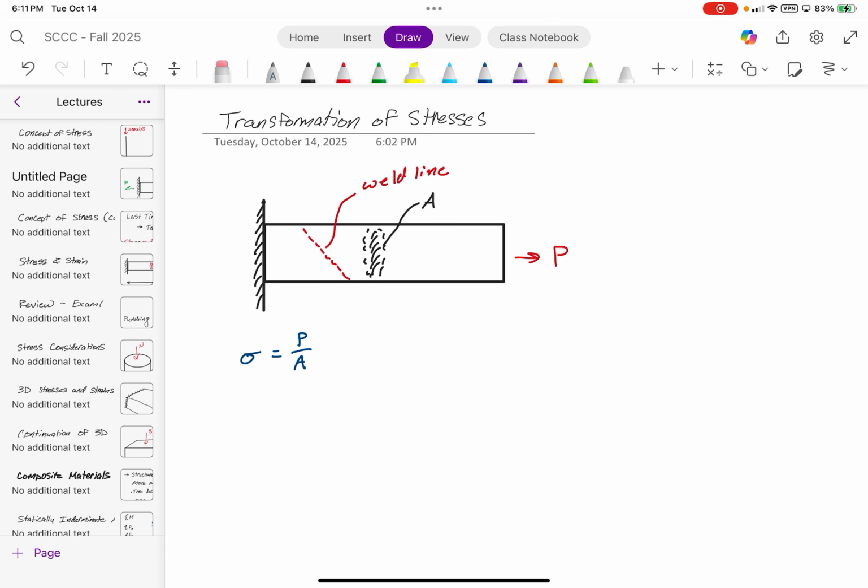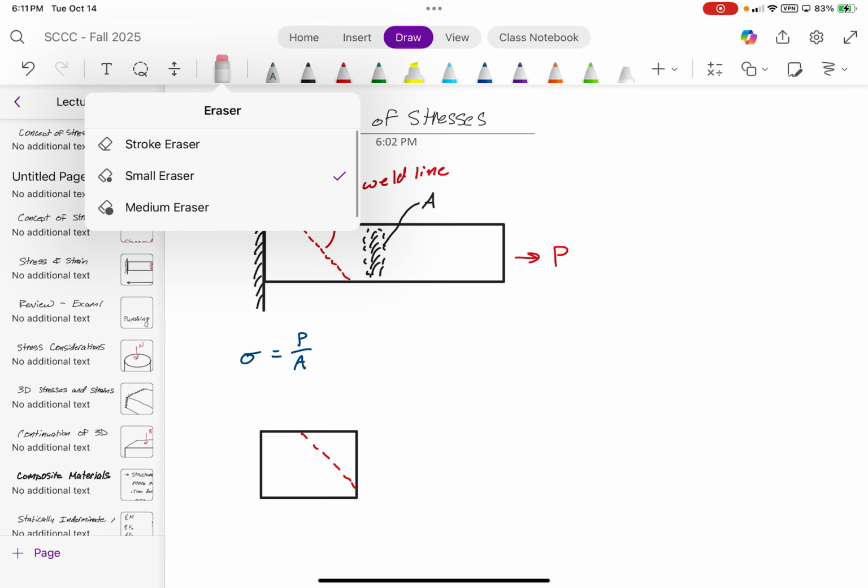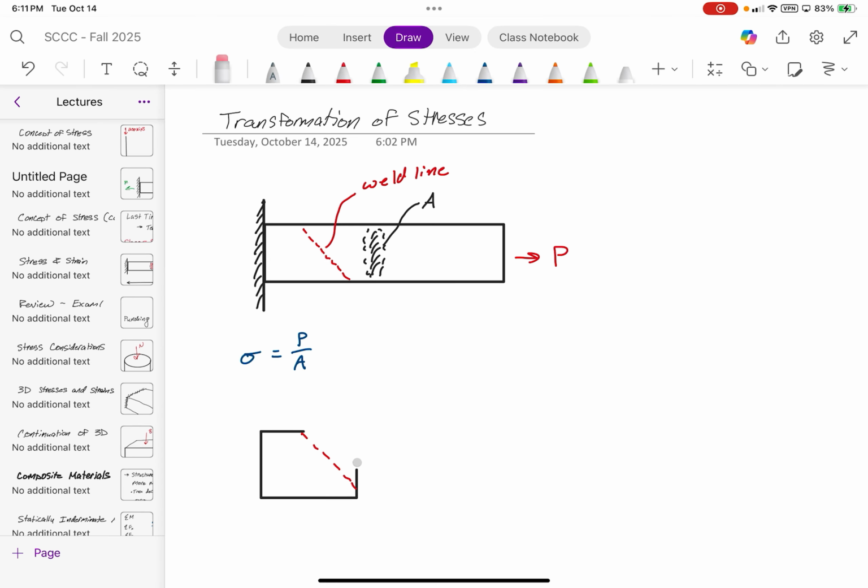So if we were to look at this from a side perspective, let me re-sketch this really quickly. And then let me take the small eraser and use this line here.